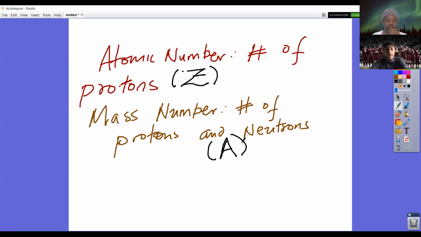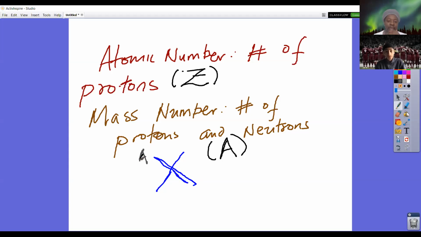So if you have an element, one of the notations you will come across, okay, is if I have an element X, there we go, in the periodic table, and if you're using a very good periodic table, not a cheap one, you will see two numbers alongside the element, and these will be symbolized with certain letters.